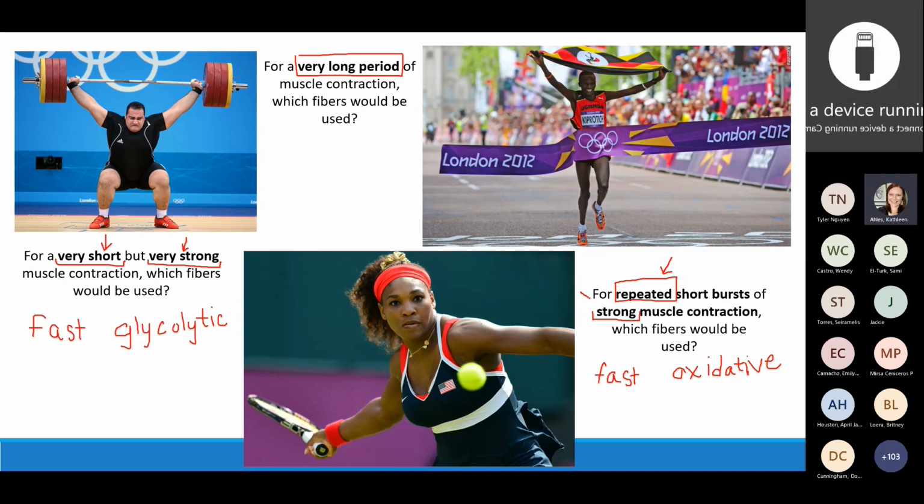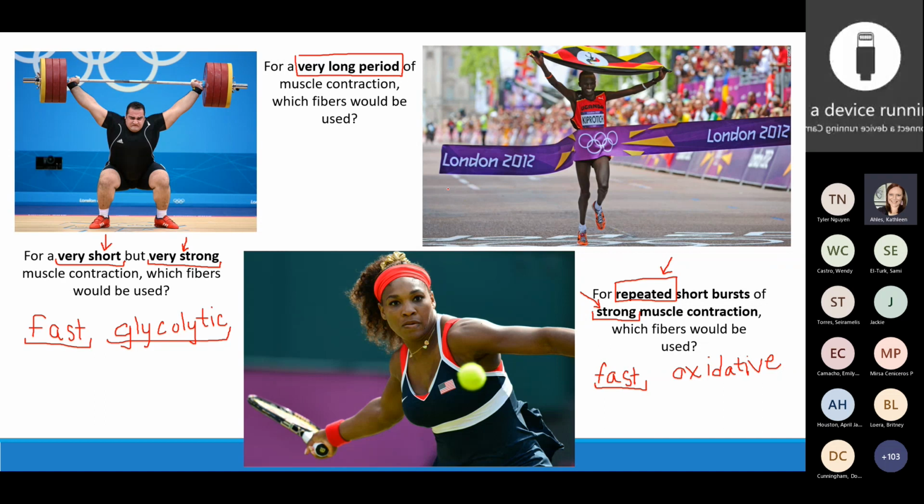And because my contraction is so strong, I need to chop it up quickly. I have fast oxidative fibers. Remember next door over here with my lift, I still needed a strong contraction. It's still fast, but I'm not doing it for an extended period of time. Since I don't have to do it for an extended period of time, I'll use my stored sugar.